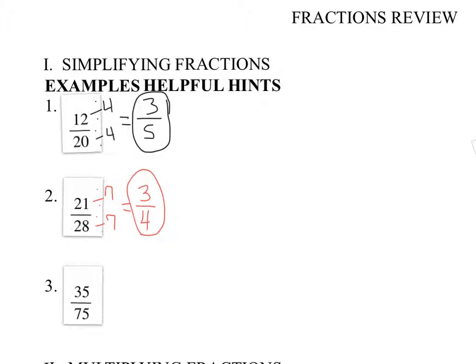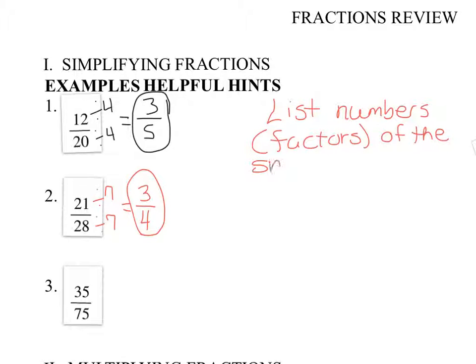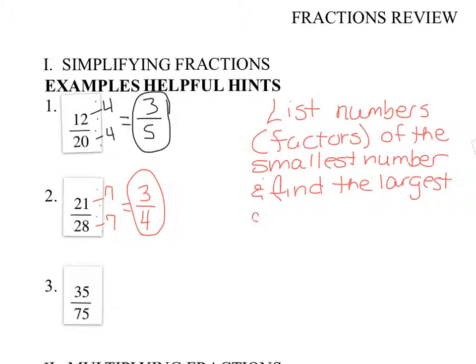So for helpful hints, you're going to list numbers, also known as factors, of the smallest number and find the largest one that divides into both.